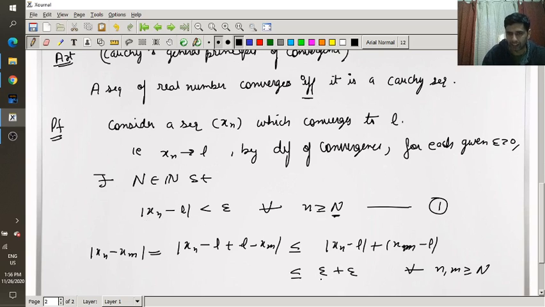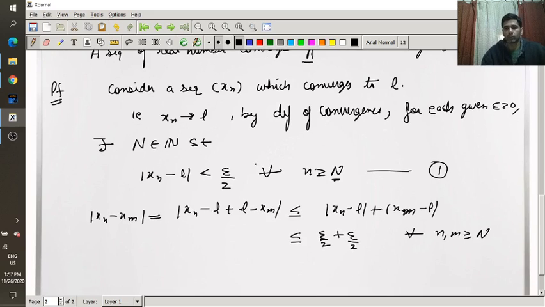Now I want epsilon, so I will divide it by 2. So here I will again use epsilon by 2. So अगर ये |xn minus L| less than epsilon by 2 कब होगा? जब n ग्रेटर दैन N चाहिए. सिमिलरली |xm minus L| less than epsilon by 2 कब होगा?